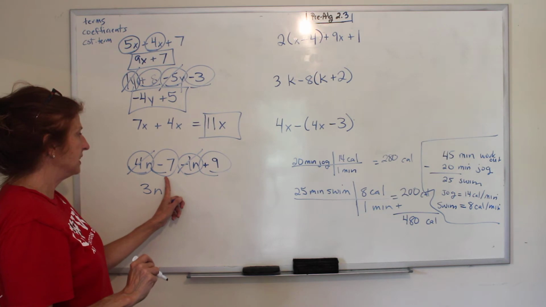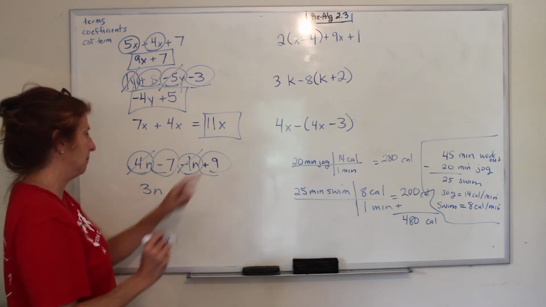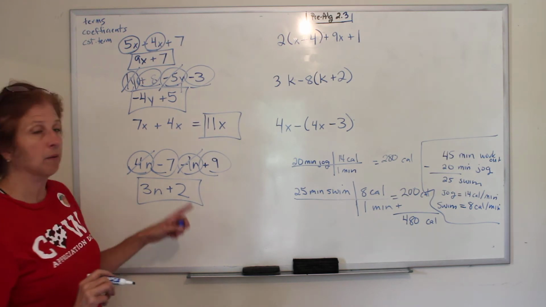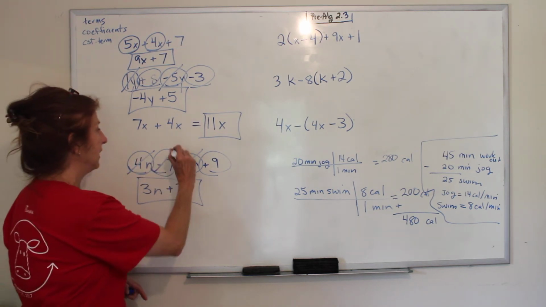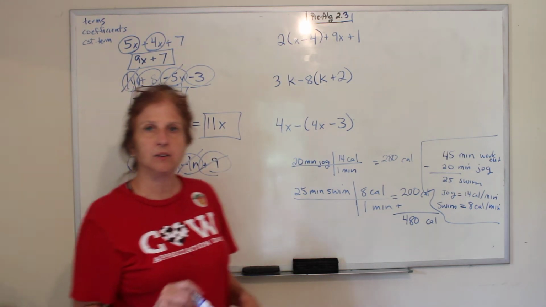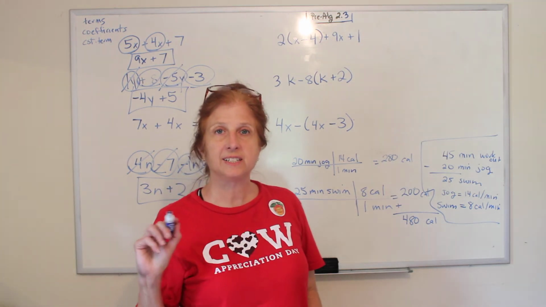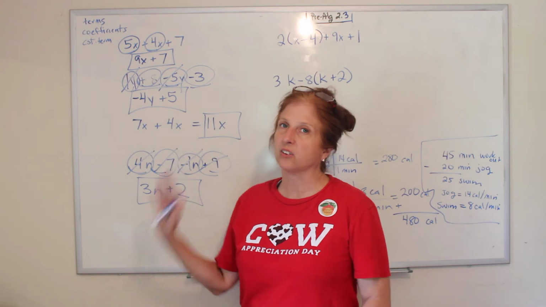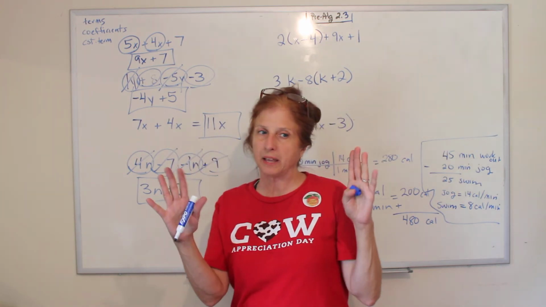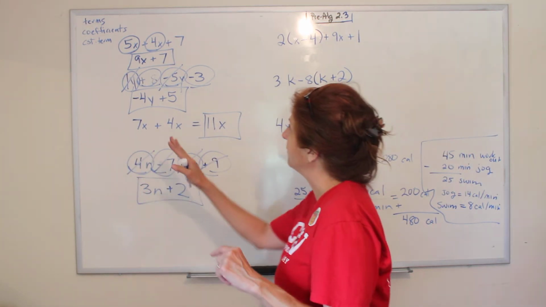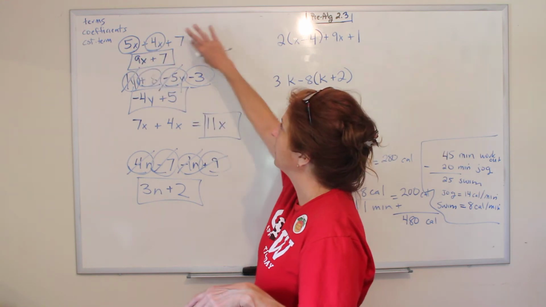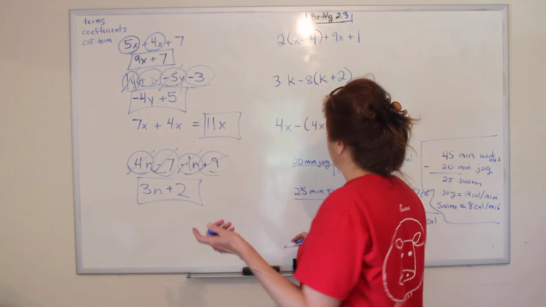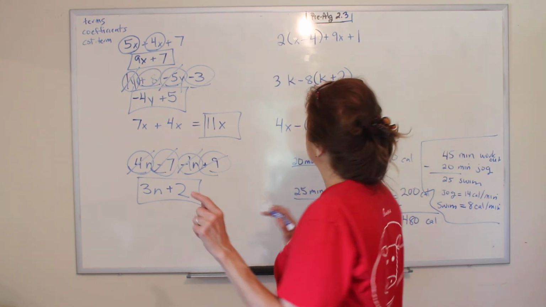I owed you $7, I paid you back. How many do I have left? 2. Put a square around it. Now, I do the circle and mark it out method. My son, when he went to college, his teacher had his kids write everything in different colored ink. So he made everybody get a pack of a bunch of colors of pens, and if it had an x, it was one color. If it was a bare number, it had another color. You can do that if you want, but circling is good enough for me.